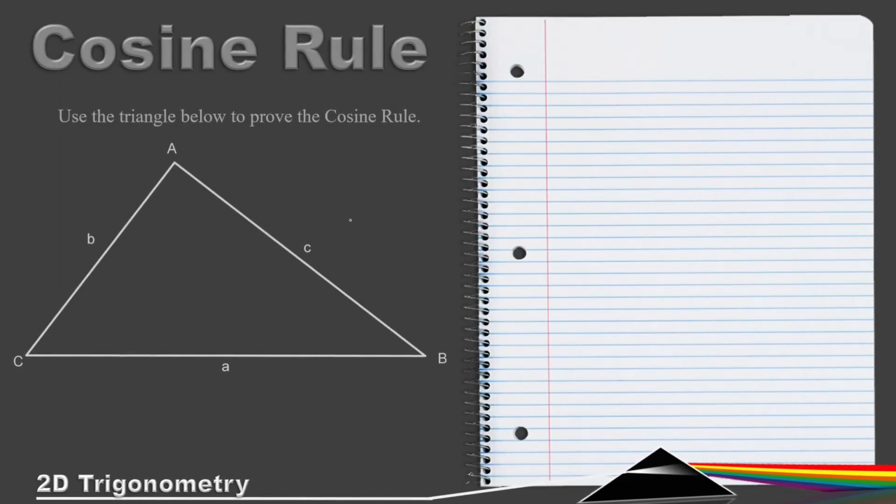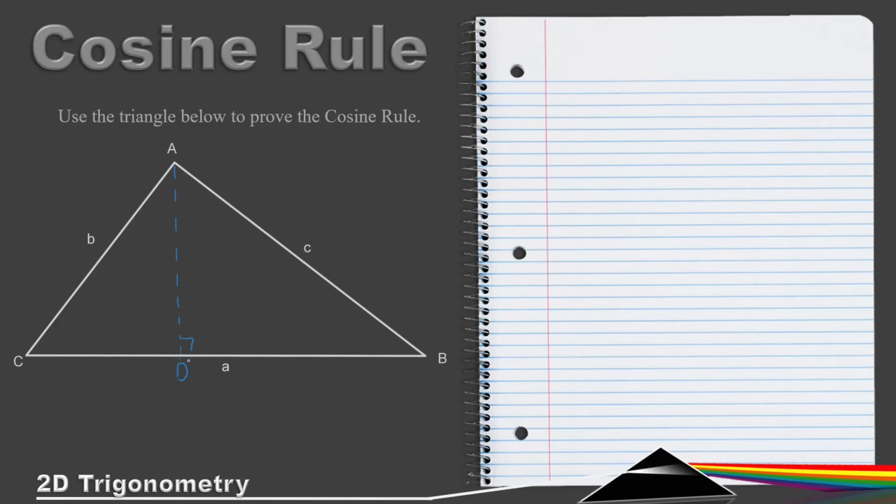Okay, now here we're going to look at proving the cosine rule. So first of all, we're going to construct a line, and this line is perpendicular, so I'm going to call this point D. Alright, and then we just need to set up our triangle with a few more variables.